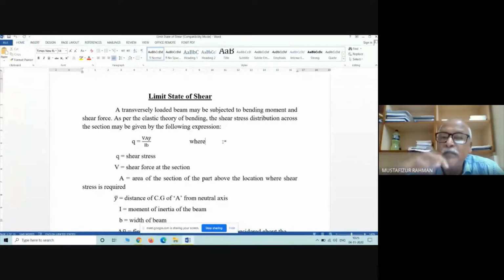Now, whether this beam is safe with respect to shear force or not, that we have to investigate. How do we investigate? That is the point.